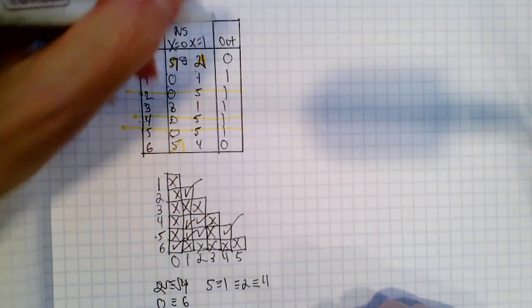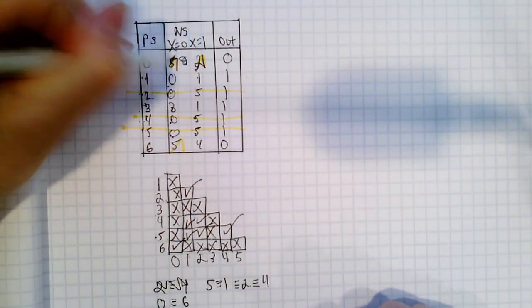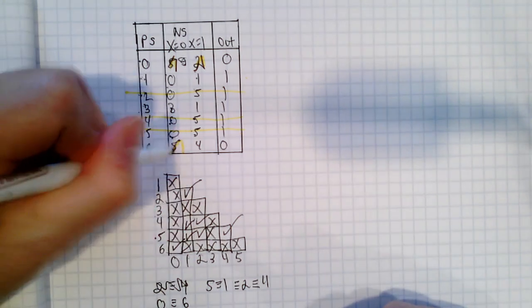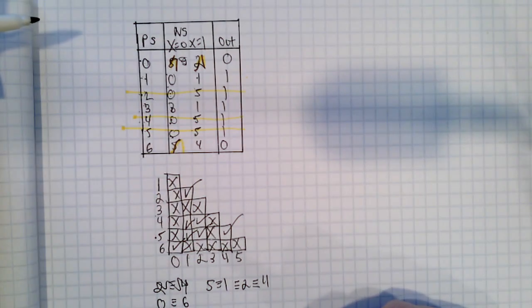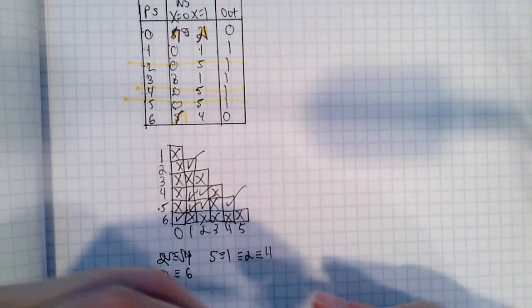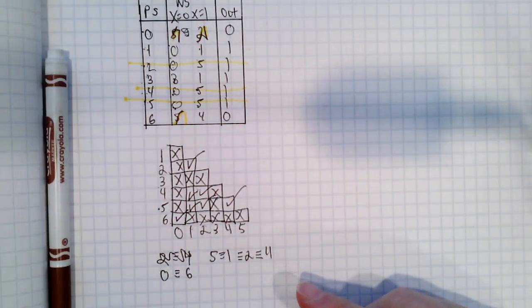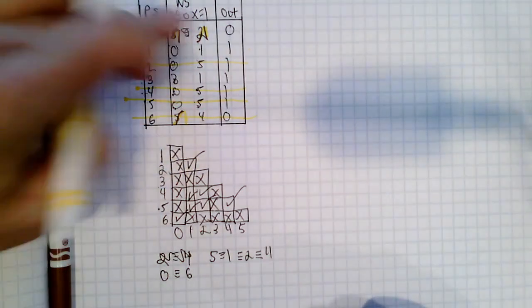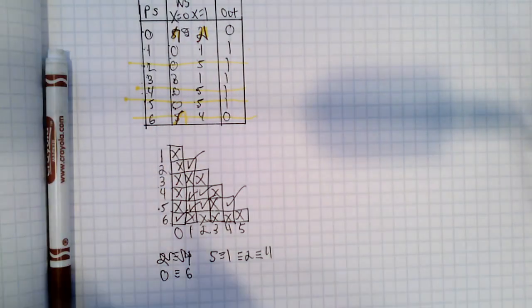Well, that doesn't make life any easier, does it? I don't know. Maybe that's better. And I can cross this one out too. And now, what was the other one? Oh, 6. 0 is equivalent to 6, so I now can cross off 6. And in fact, we don't see 6 referred to in here, so we don't have to actually write anything.